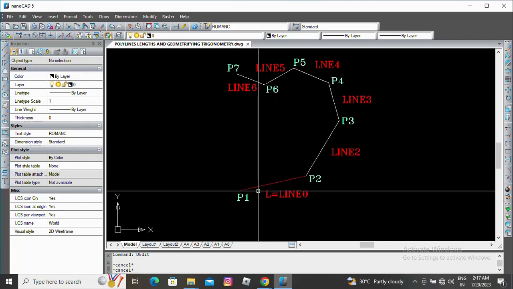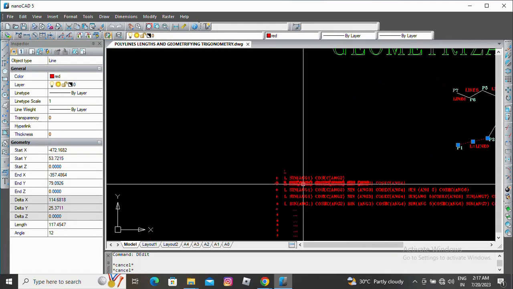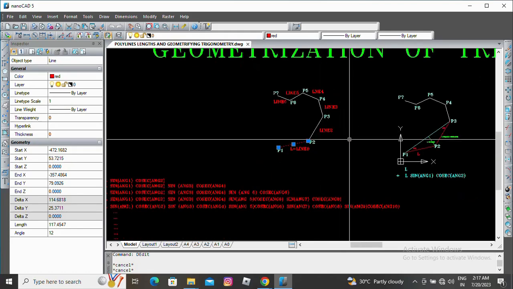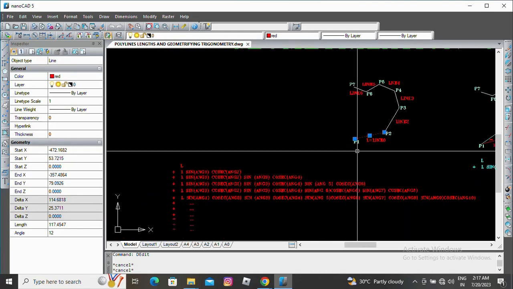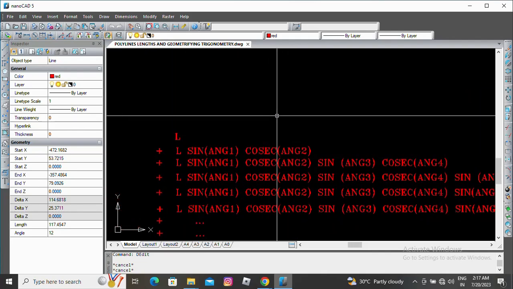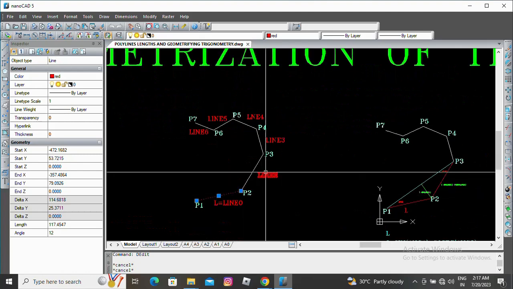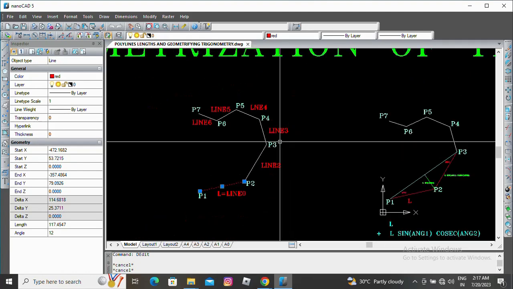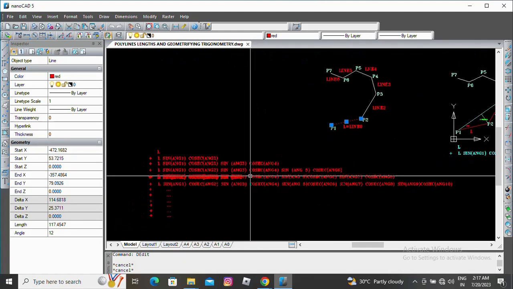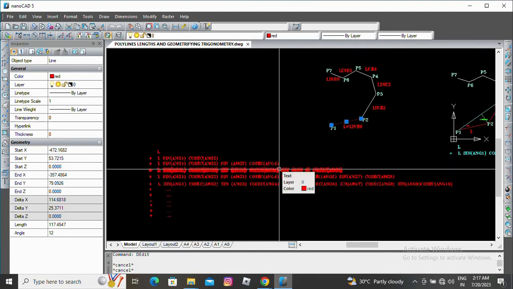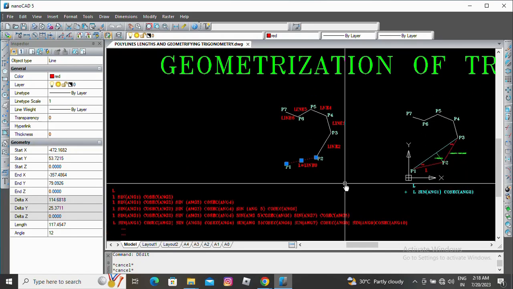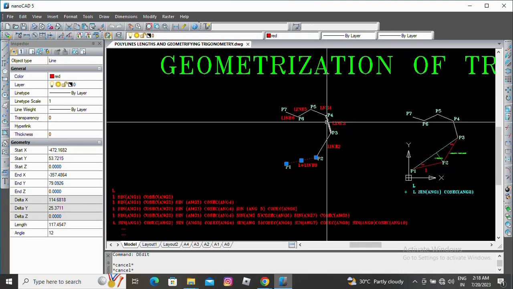First line segment is L, so in the term it is L. The second line segment has an expression like this, shown here in this trigonometry expression, as I told in the starting of this video. Similarly, line 3, line 4, line 5, line 6 are representable like these trigonometry expressions, and these are summed together to find the total length of the polyline.